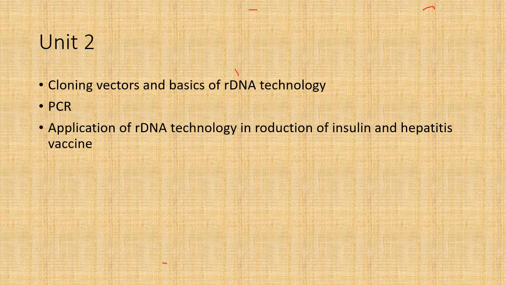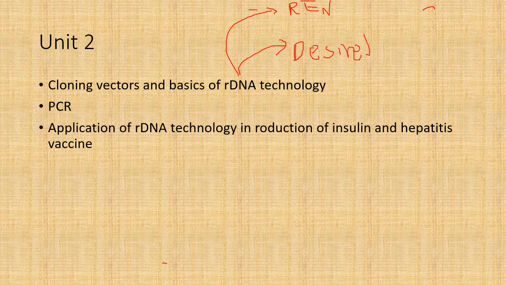Now if we go to rDNA technology, first of all you need molecular scissors or biochemical knives, that are called restriction endonuclease. Secondly, very important, a desired gene that you need to target.